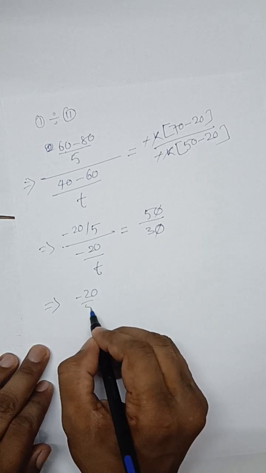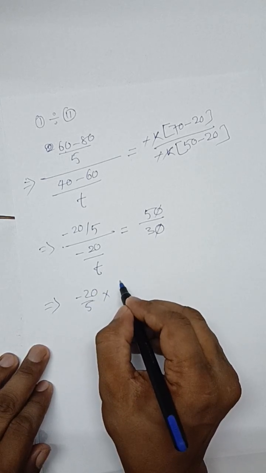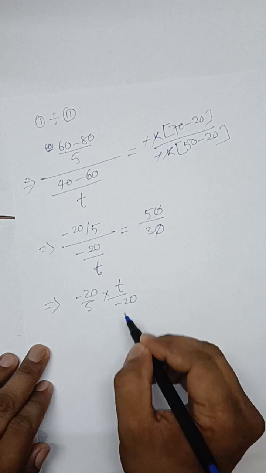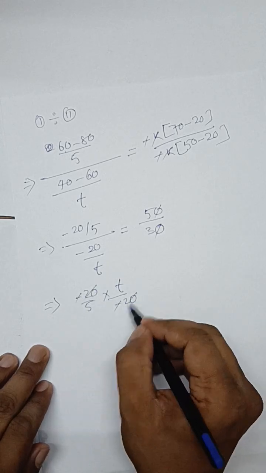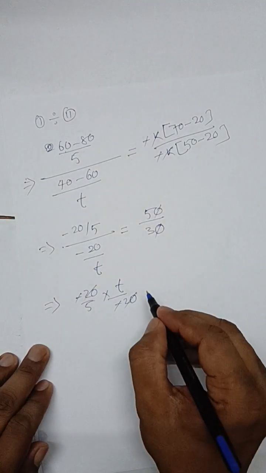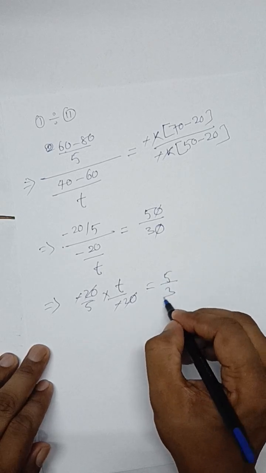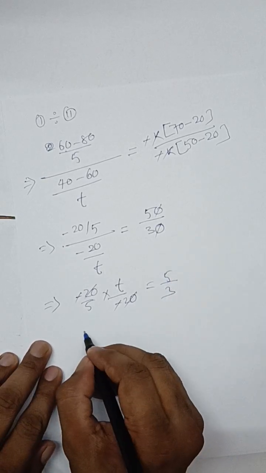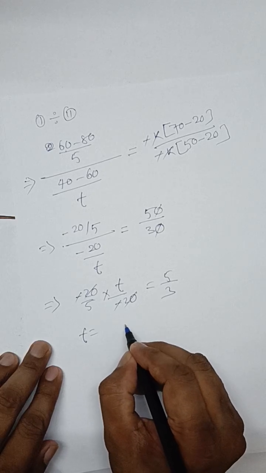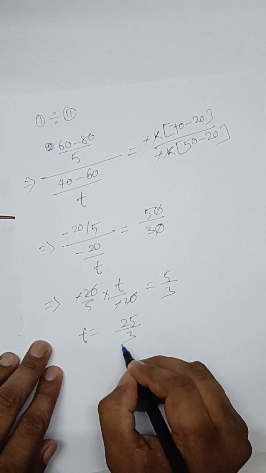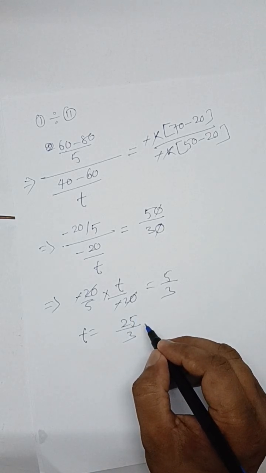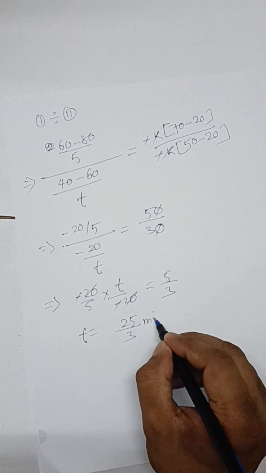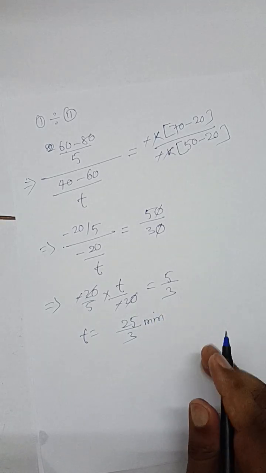Minus 20 cancels, so t equals 25 by 3 minutes.